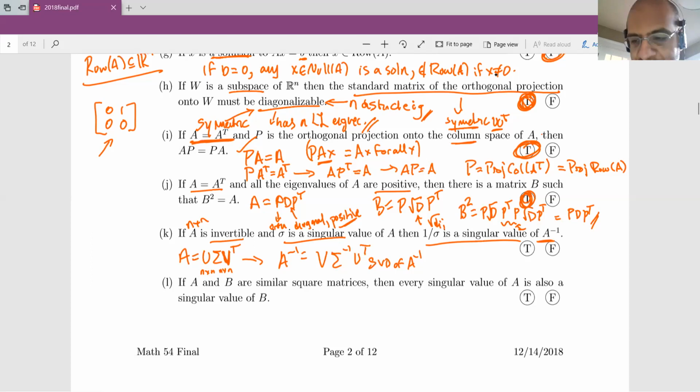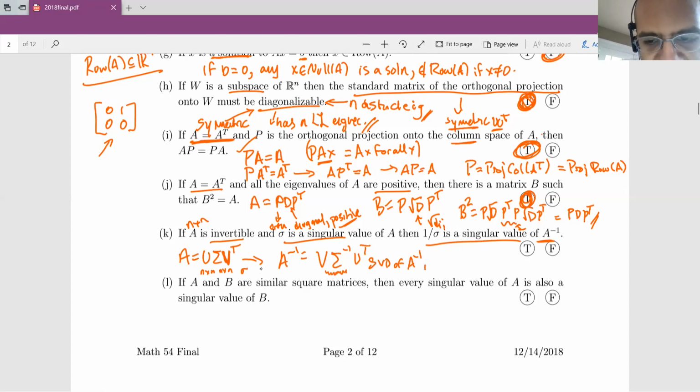But now, what are the singular values of A inverse? Would it just be the reciprocals? Yeah, just the reciprocals, because the singular values live in the diagonal matrix in the middle. The diagonal matrix on the left had sigmas, which were not zero.